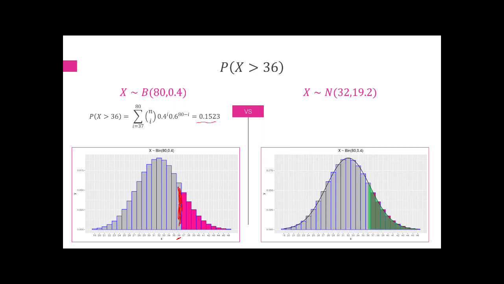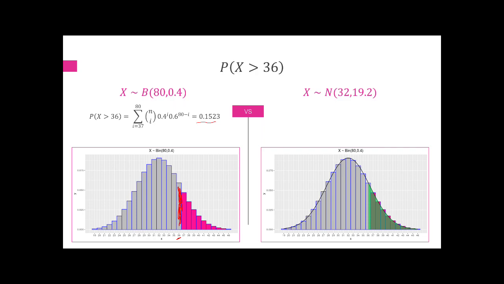And then if we do the same thing with the normal, right? Remember, for x greater than 36, we have this normal distribution, and our bound is at 36, and because it's greater than, we're doing all the area to the right. Sorry, I think I said left earlier, but we're doing all the area to the right.